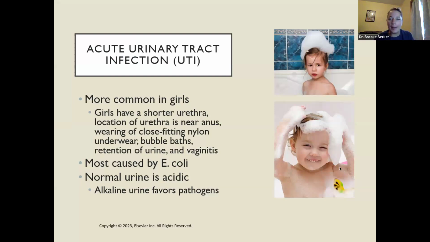Okay. A UTI. So in elderly patients, your most common sign of a UTI is confusion and altered mental status, right? So not that that can't happen in kids, but it's not usually the first sign. Usually the first sign is kids have been totally potty trained and all of a sudden they start having accidents. Okay?